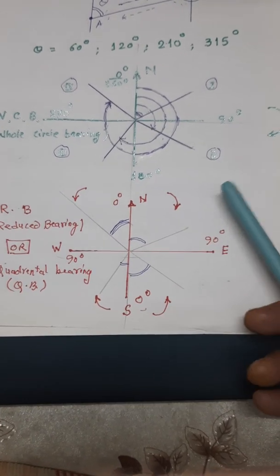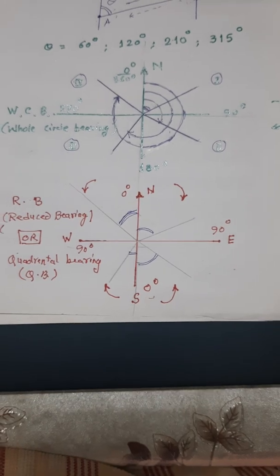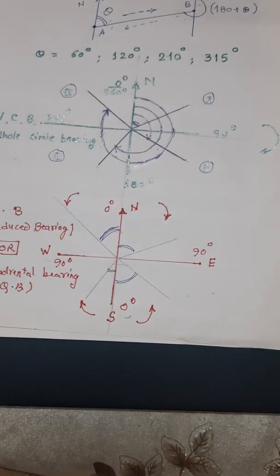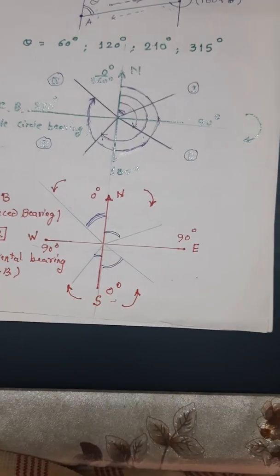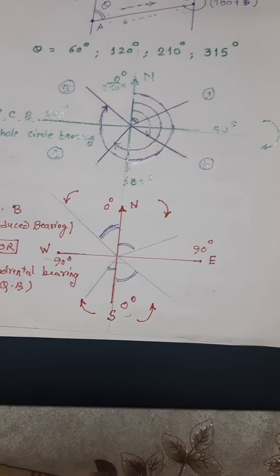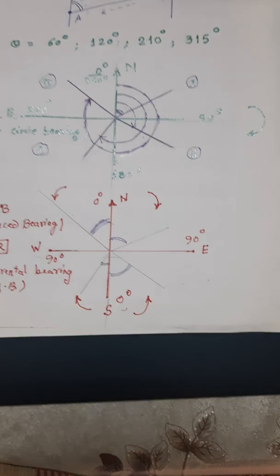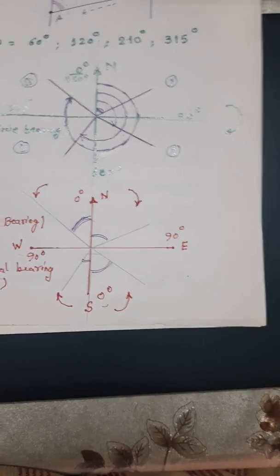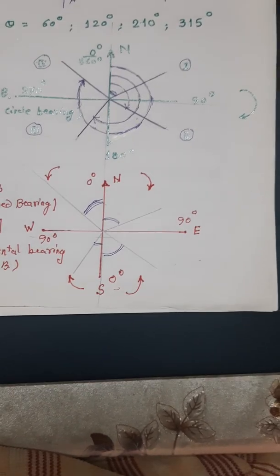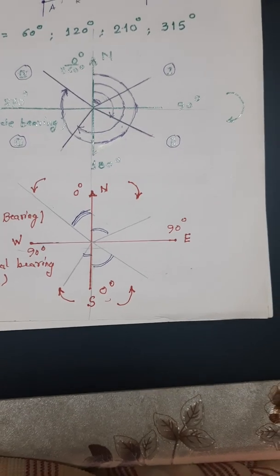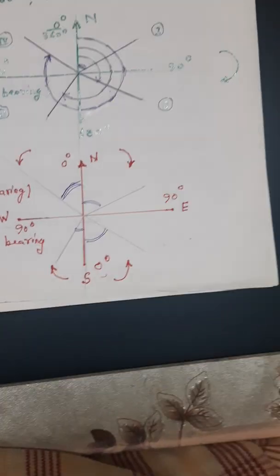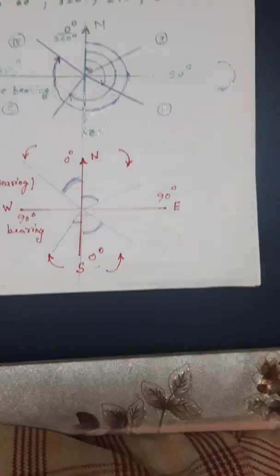After this, we'll go for how to calculate the included angle if it is a closed traverse, and then the correction because of some magnetic error, or we can say because of some correction.